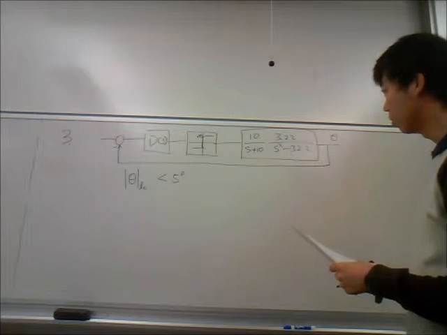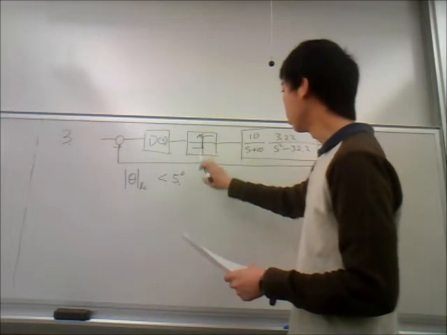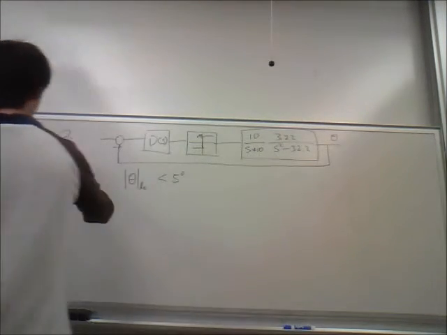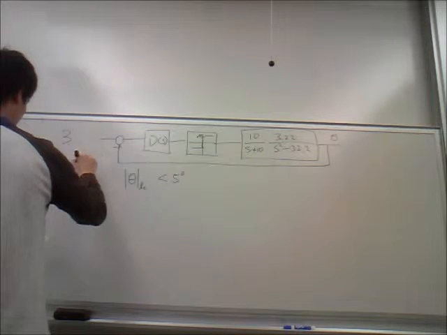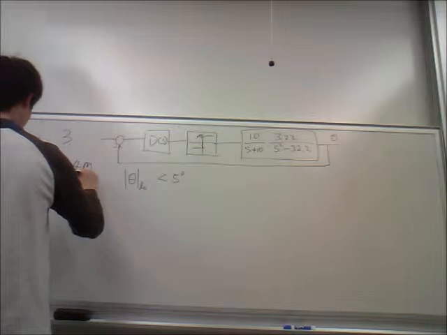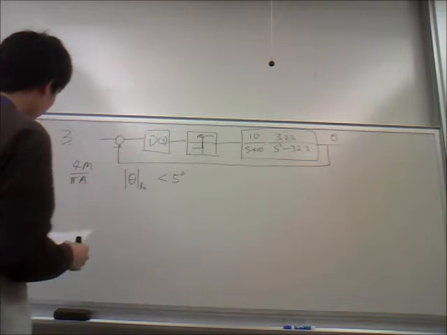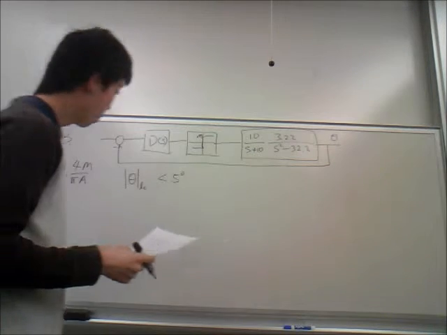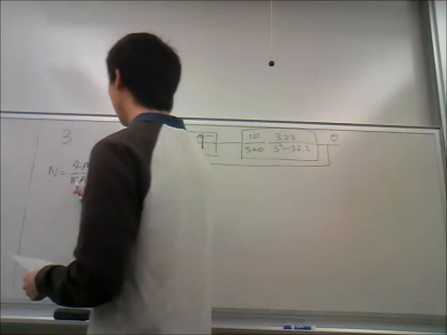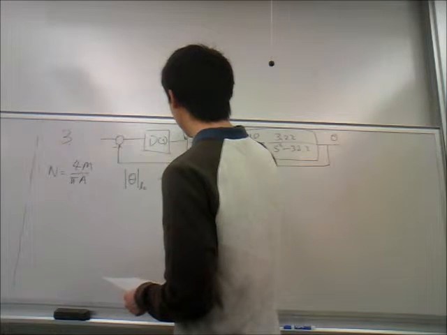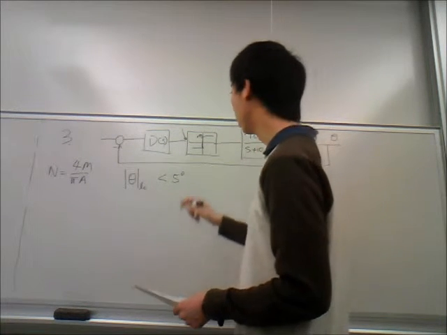So first of all, we know what the describing function for the ideal relay is. Right? It's just 4M over pi A. But this A refers to the A that's right here, that's entering the nonlinearity.